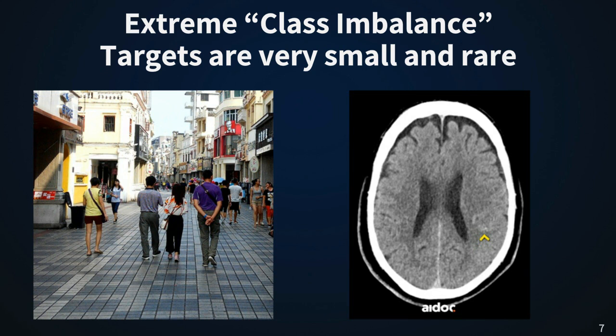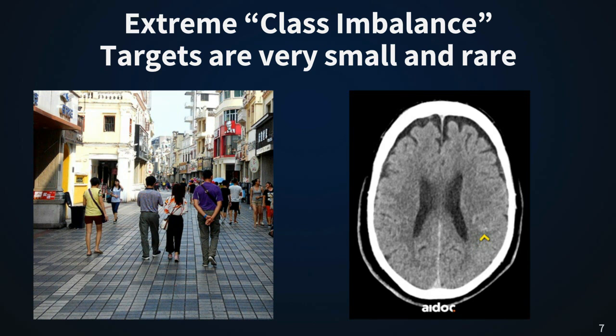You can see that the number of pixels that belong to the people in the image, divided by the total number of pixels in the image, the people are a much larger part of the image than the hemorrhage outside of the brain image. And that's even much more extreme when you remember that the CT is actually a 3D scan containing 100 different slices, of which the hemorrhage only appears in about 1 to 3. So this is the first challenge that I wanted to talk about, class imbalance.